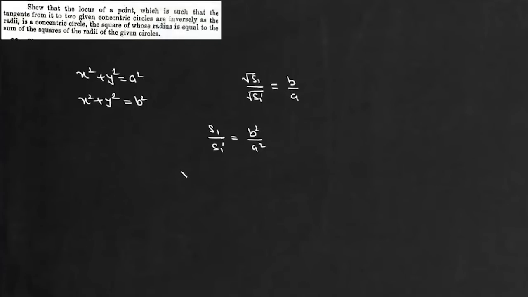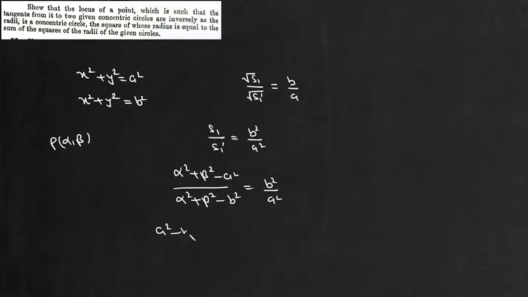Now s1 is alpha square plus beta square minus a square, where this point P is say alpha, beta, and s1 dash is alpha square plus beta square minus b square, and that will be equal to b square upon a square. Now we simplify this, we can write a square minus b square times alpha square plus beta square will be equal to a to the power 4 minus b to the power 4. Now a square minus b square will cancel.